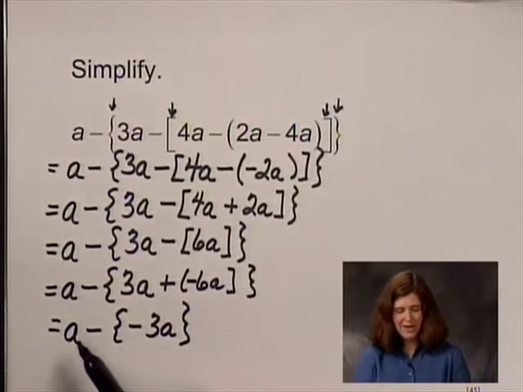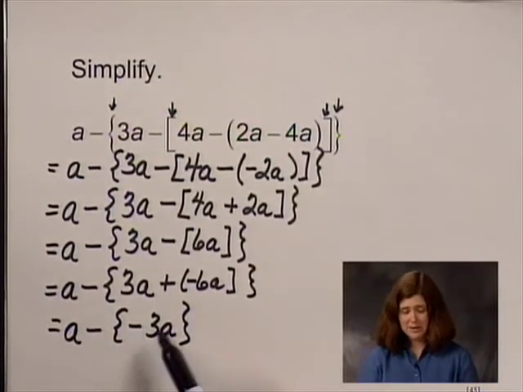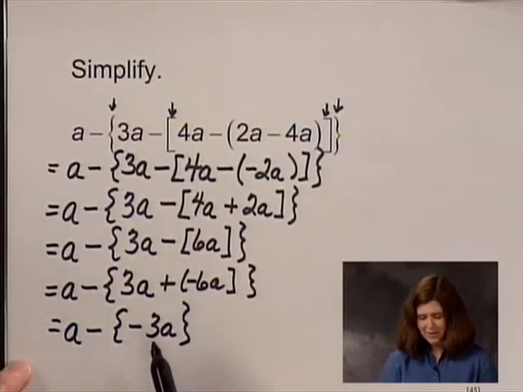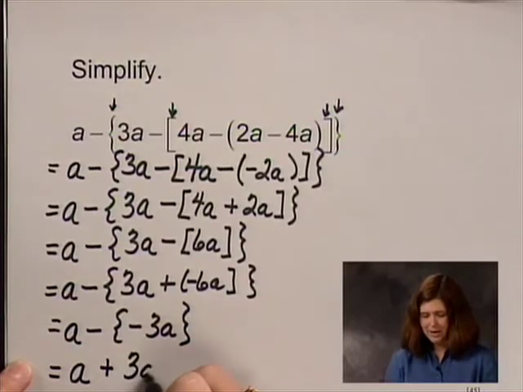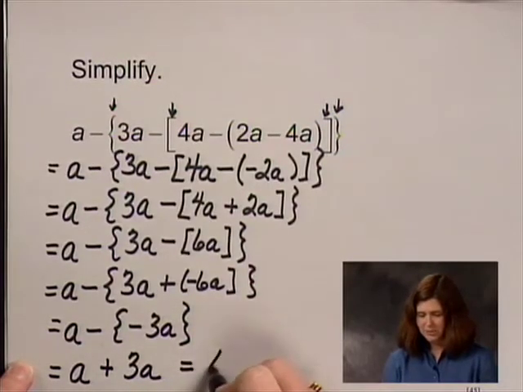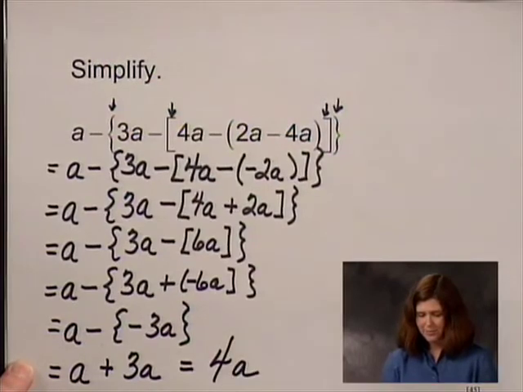And finally, I have a minus the opposite of 3a, which is the same thing as a plus positive 3a, which simplifies to 4a.